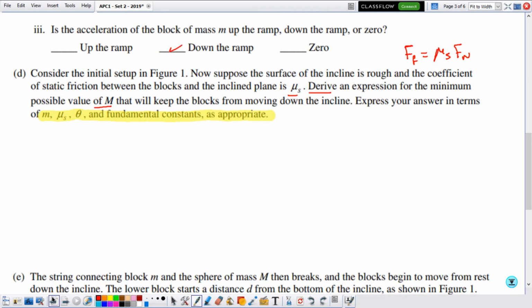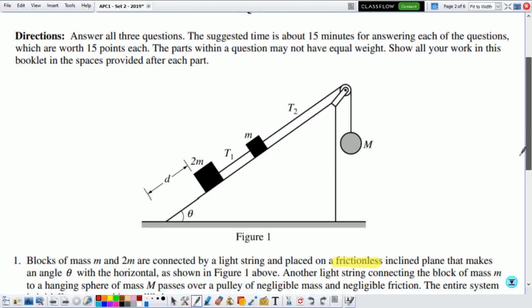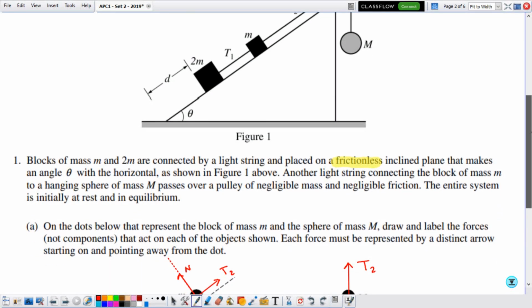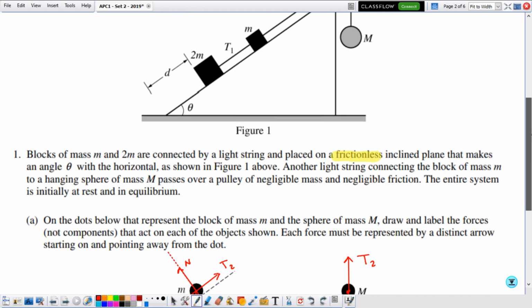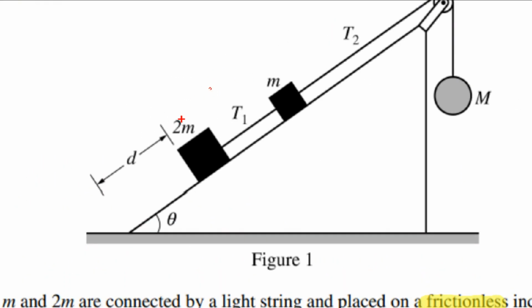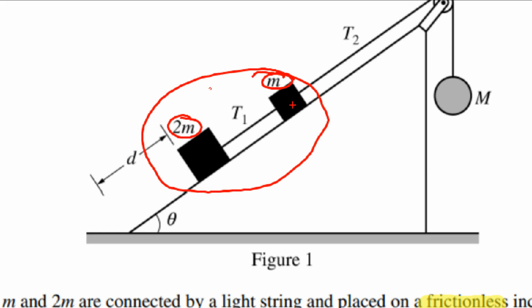So first, let me refer to these blocks and do the FBD. Here we can either consider 2m, or we can consider m, or we can consider them combined to be a mass of 3m. So I will consider them to be one object of mass 3m.